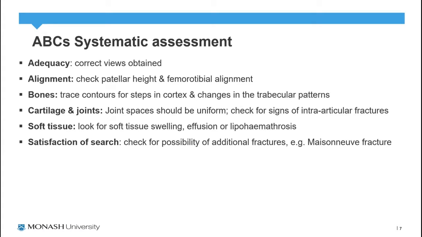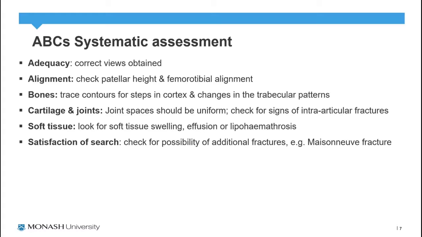The alignment can be checked by checking the patellar height, but also the alignment of the femoral-tibial condyles to each other. Once again, trace the bones and the contours for steps in the cortex, but also look at the trabecular pattern for any changes in density, such as either a lucent or a sclerotic change.